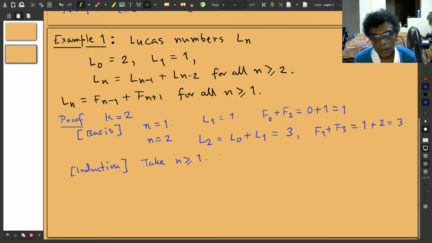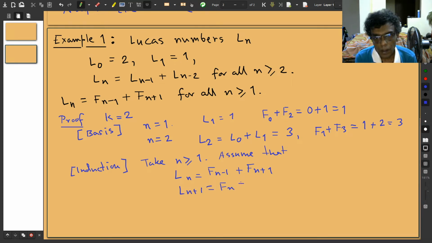Assume that Ln is Fn minus 1 plus Fn plus 1, and this is also true that Ln plus 1 is Fn plus Fn plus 2. And then I have to prove the same thing for Ln plus 2. Right. Then what is Ln plus 2? From this definition, this is Ln plus 1.